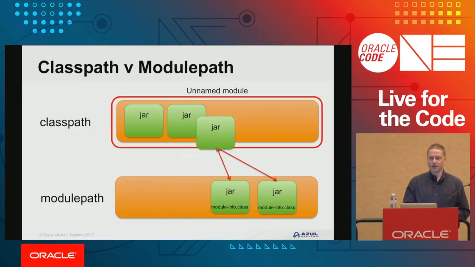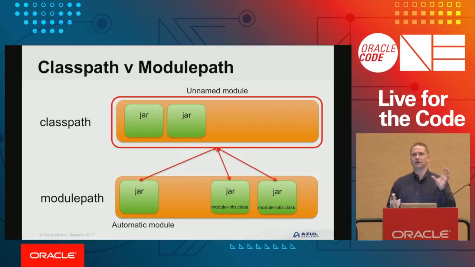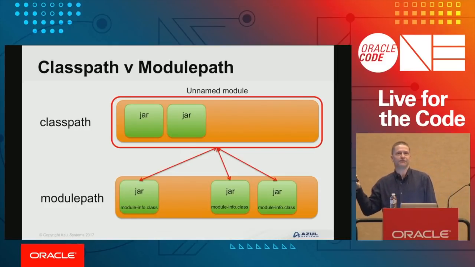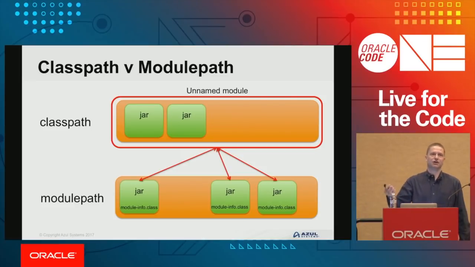What we can then do is move jars, as I said, to the module path without including a module-info.class file, so that they become automatic modules. And again, the dependencies are resolved quite happily. You don't have to do any extra work. And then the last phase is simply adding the module-info.class file so that that jar file becomes a full module. So as I say, 3 different ways of doing that.